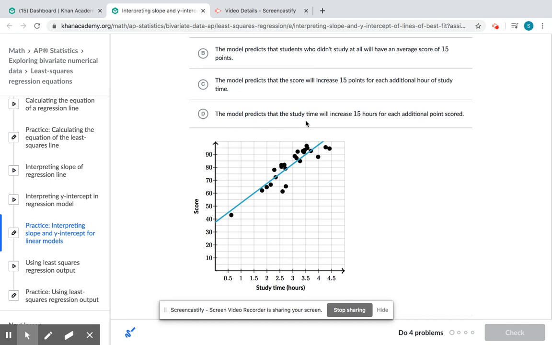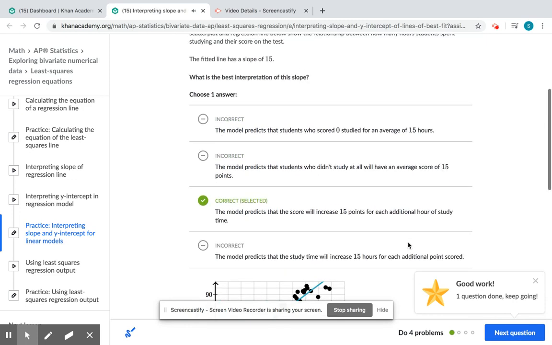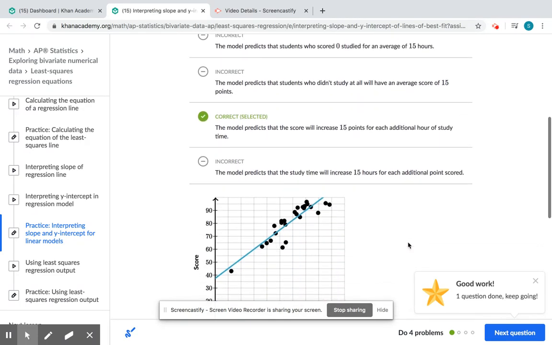Let's check the last one. The model predicts that the study time will increase 15 hours for each additional point scored. That's just wrong, right? So I think the choice here is going to be C. This is really just making sense and making reason, and C is one of the best choices. So I'm going to check that one. Awesome, right? So a lot of this is just using your common sense and applying it to the situation.